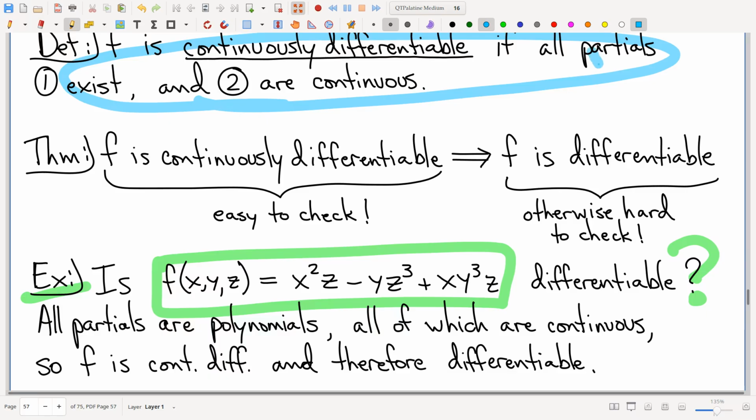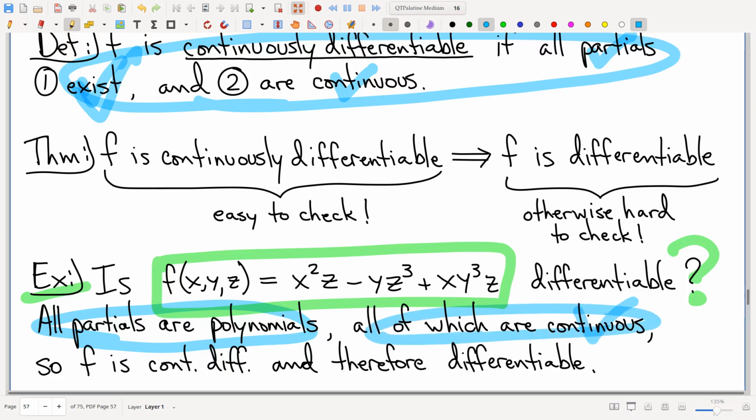So I'm going to have to think about the partials. I'm going to have to confirm they exist, and I'm going to have to confirm that they're continuous. So let's think that through. Looking at this function, what are the partial derivatives? Well, I could write them down, but they're all polynomials. All of which exist. Right? Polynomials don't ever fail to exist. Polynomials don't ever explode. They're also always continuous. Old news. Right?